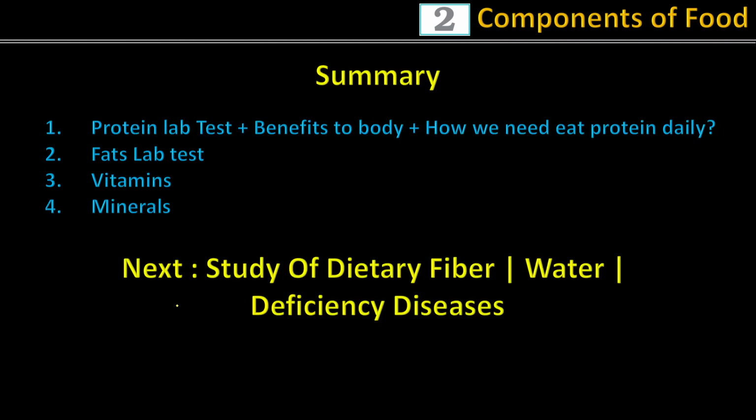So far we understood protein, its benefits to our body, and how much we need to eat per day. We also understood the same information from the fat point of view, and we understood vitamins and minerals. Going further, two more items are left: dietary fiber and water.